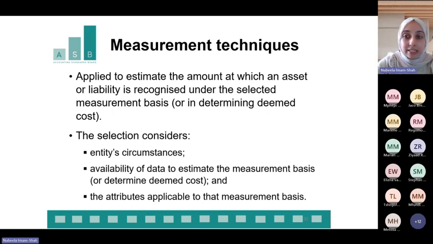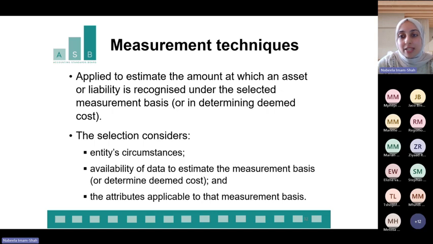Now, in some cases, a single measurement technique will be appropriate. For example, when valuing an asset or liability using quoted prices in an active market for identical assets or liabilities. In other cases, multiple measurement techniques will be appropriate. For example, this might be the case when valuing a cash generating unit.